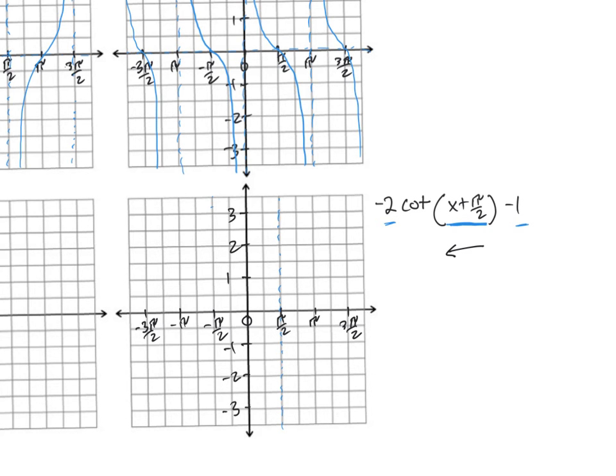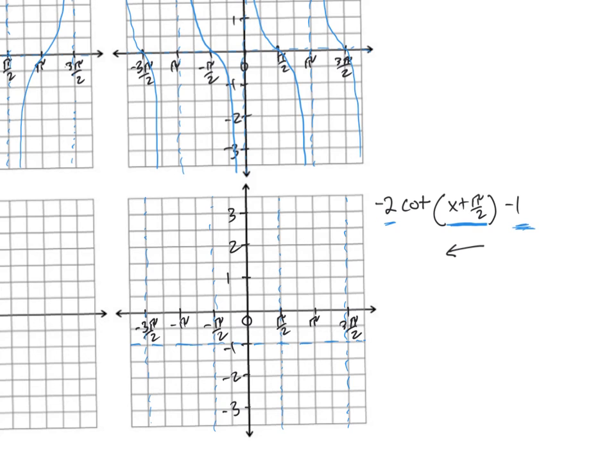We'll just move all of our asymptotes over 90 degrees. So there's 1. The next part is where it curves, which was at 0. Now it shifts down 1, a vertical shift of 1.